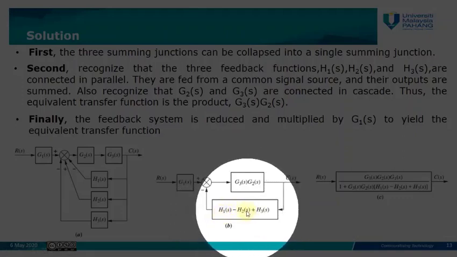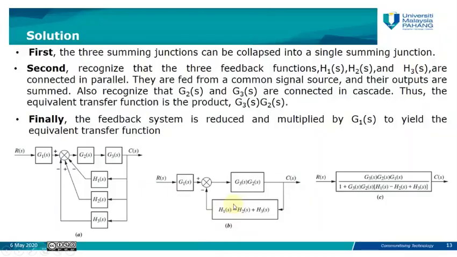So this will be the value for this block, and this block will be in series with the first block, which is G1. So G1 will be in series with this one, so we are going to multiply G1 times G3 G2 over 1 plus G2 G3 times H1 minus H2 plus H3.